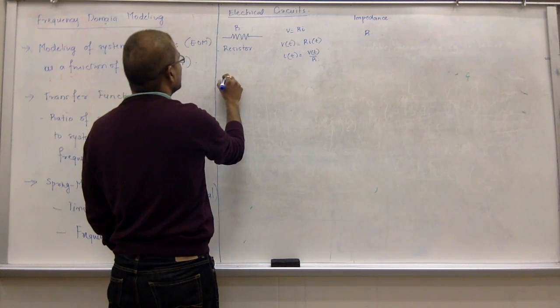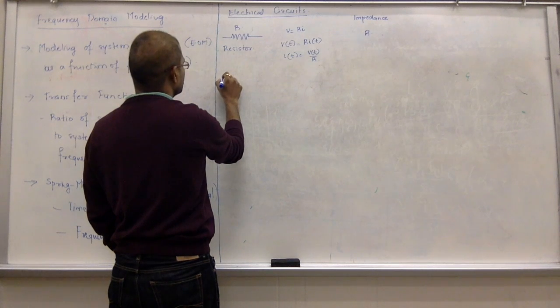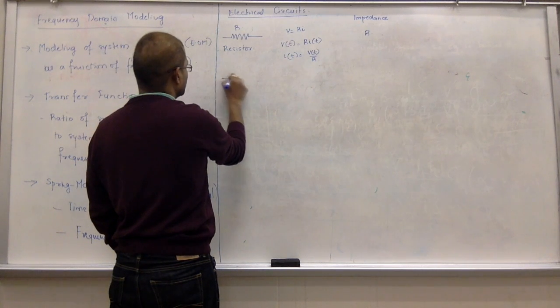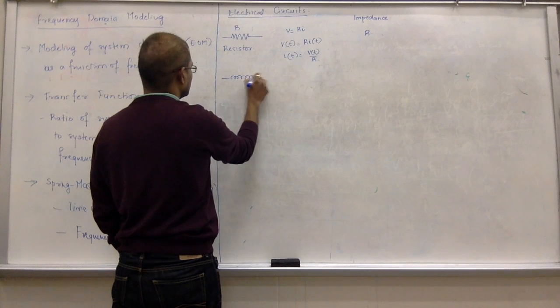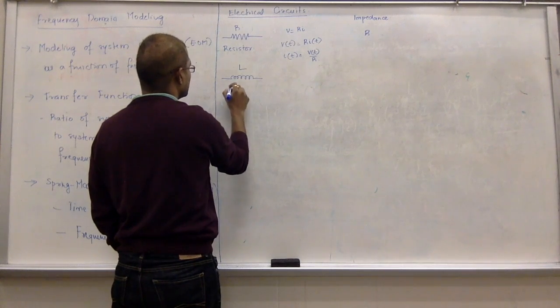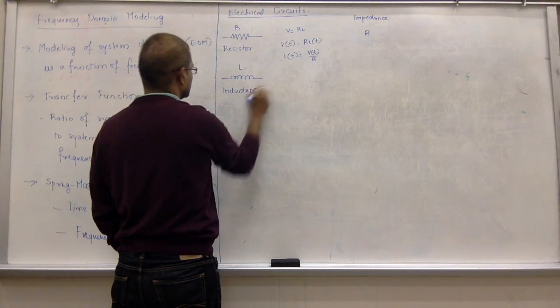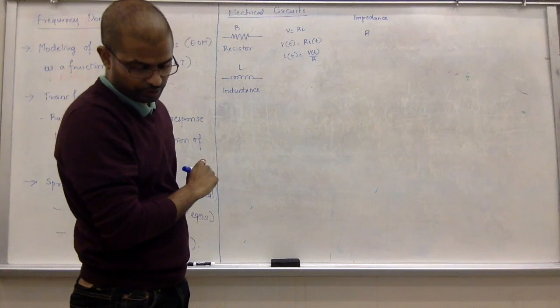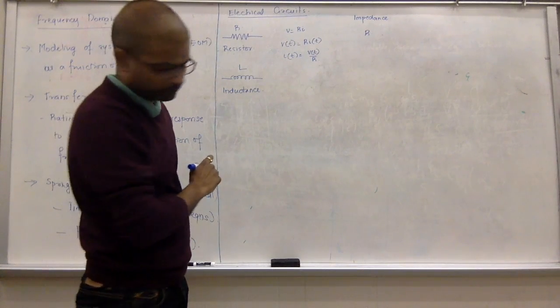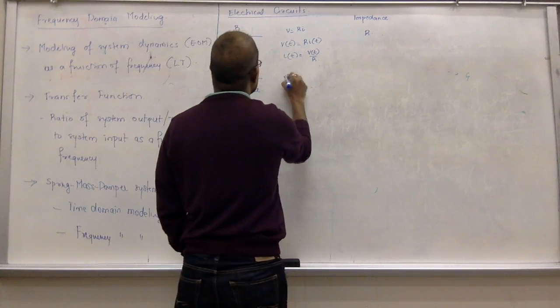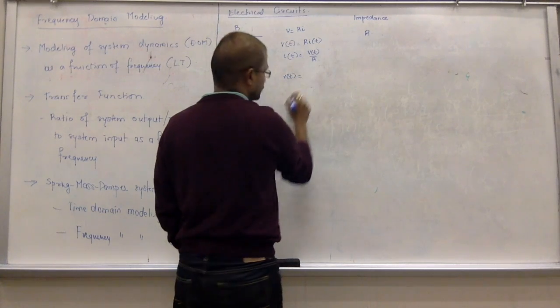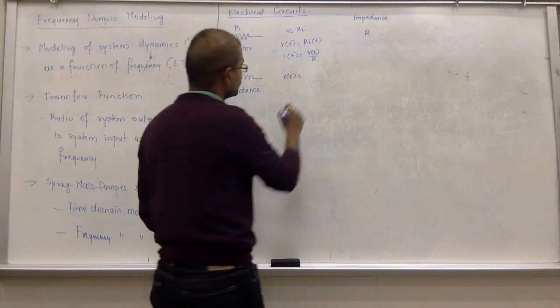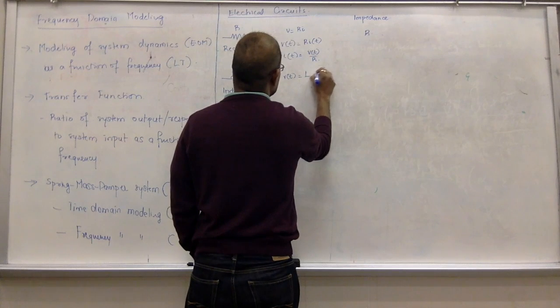The next electrical component we'll be using is an inductance. Inductance is denoted by L. The relationship between inductance, voltage, and current is v of t is equal to L times di of t over dt.